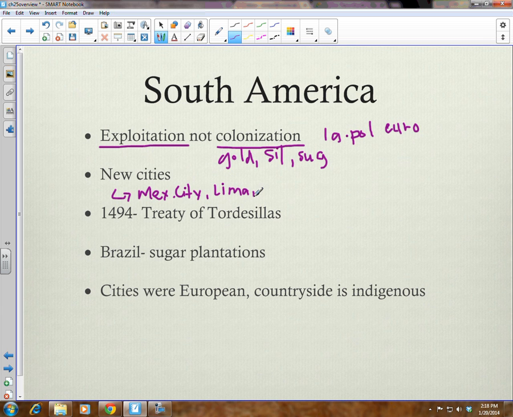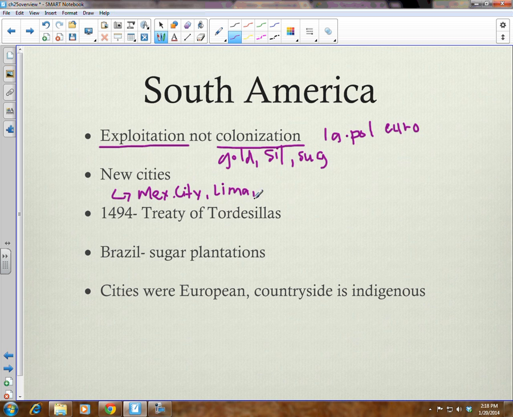Also, St. Augustine, Panama, Concepcion, Buenos Aires, all these different places became centers of power. We'll talk about the way that government worked in just a moment in the second part of the PowerPoint.